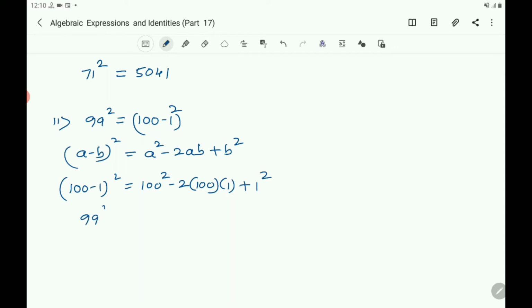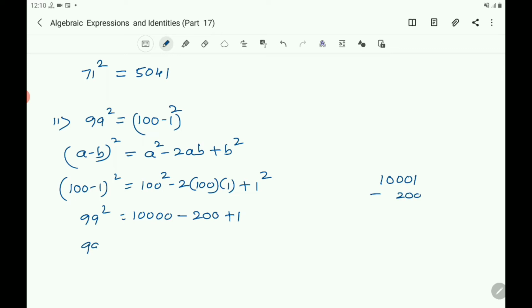So 99 square: 100 square is 10,000, minus the product 2 into 100 into 1, which is 200, plus 1. Here these two are positive, so add them. Then you will get 10,001 minus 200.